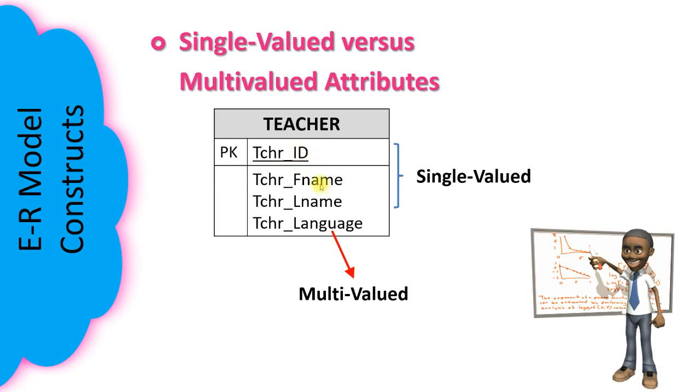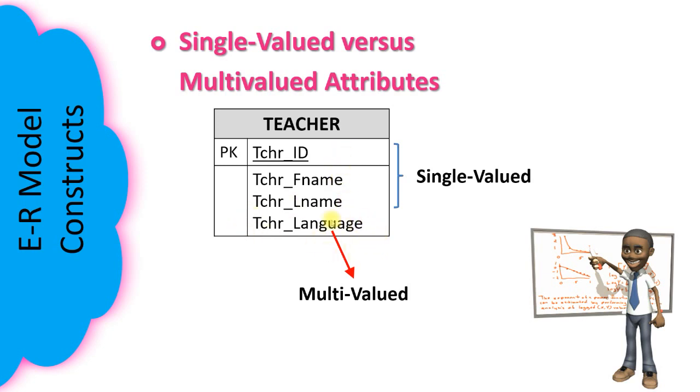And even a name, perhaps his first name is Ali, is again a single valued attribute. Only a single data value is stored for first name.